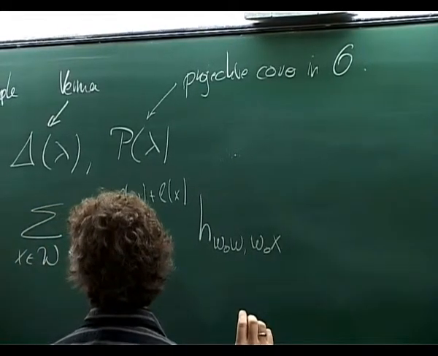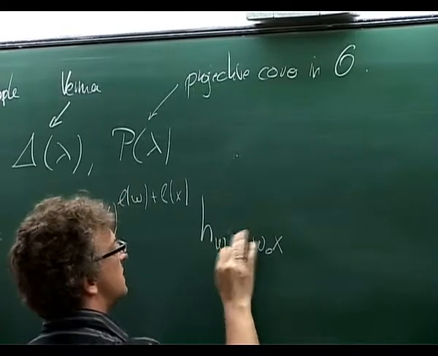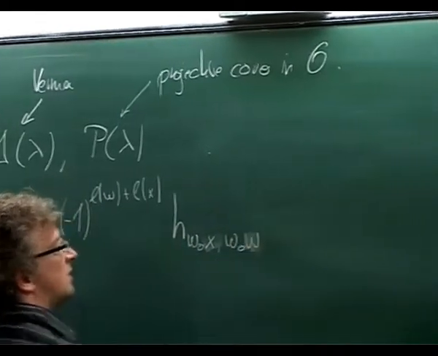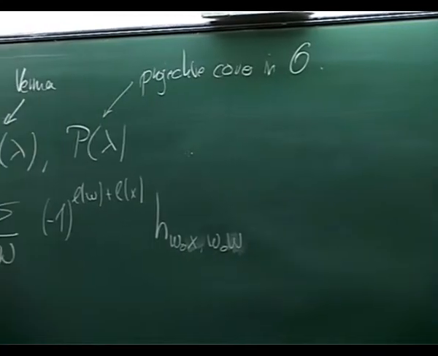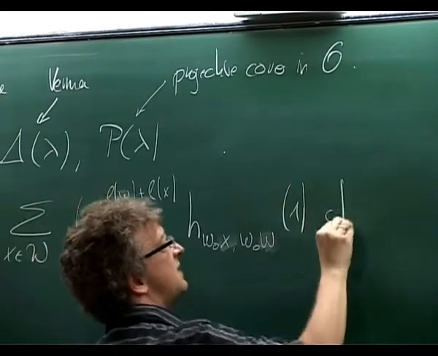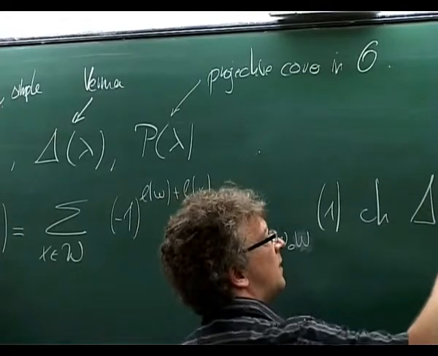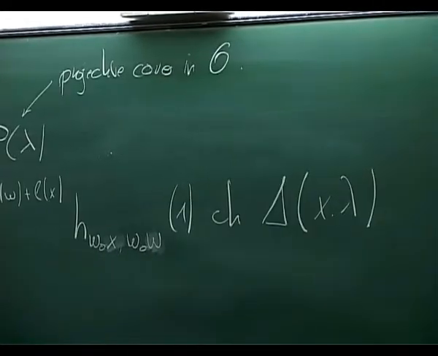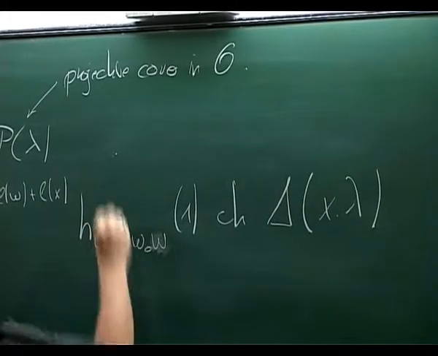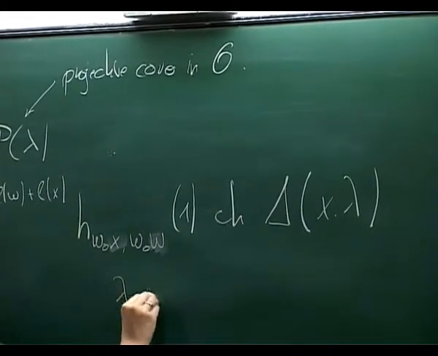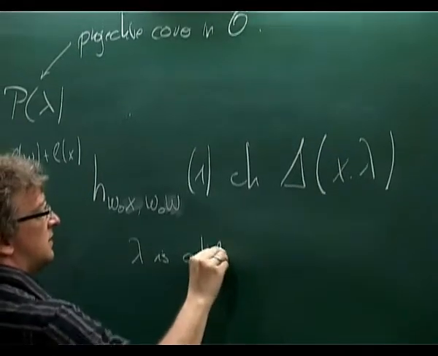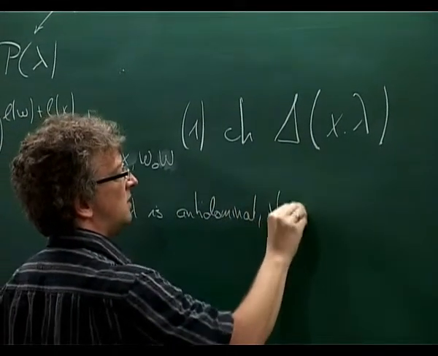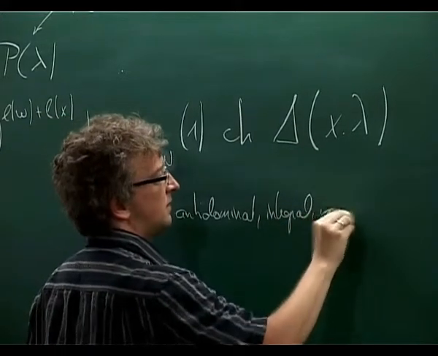I think that should be like this, evaluated at 1, and then here's the character of the Verma module at the parameter x·lambda, and here lambda is antidominant, integral, and regular.